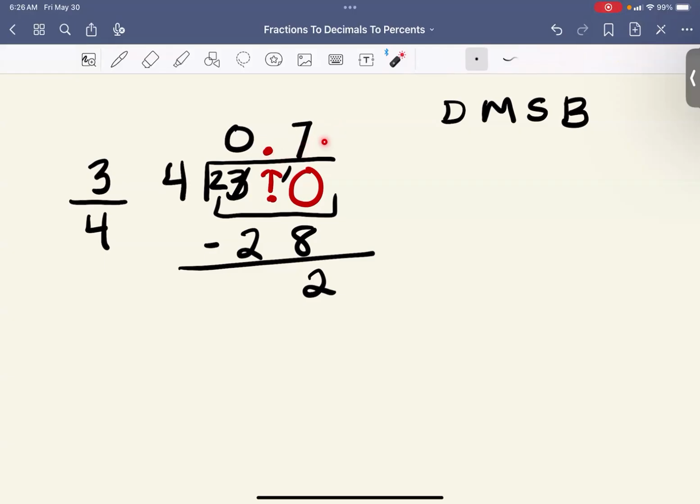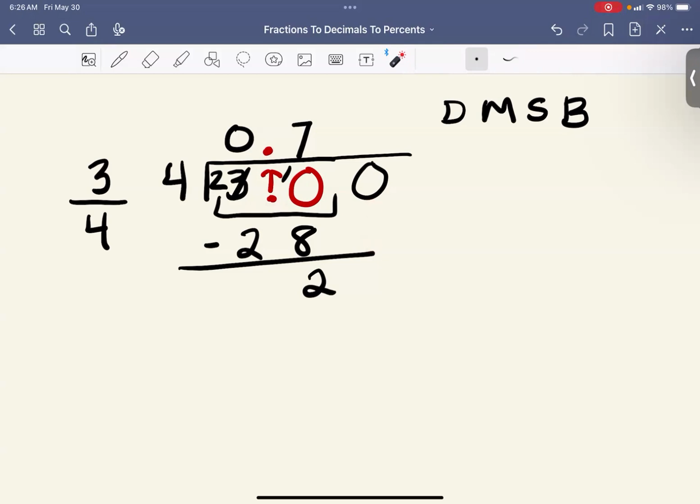So if I get one more number here, that would be the hundredths. So I want to keep dividing. So since I want to keep dividing, I have to add a zero. Just like I added a zero here because I wanted to keep dividing. However, we don't add another decimal. We only add the decimal and bring it upstairs one time in the problem.